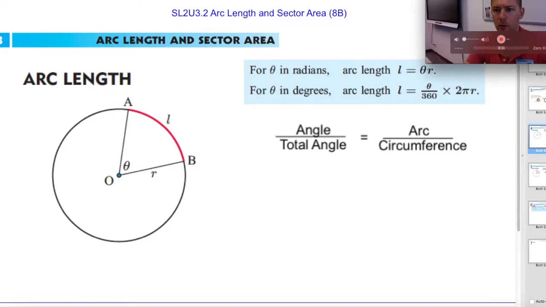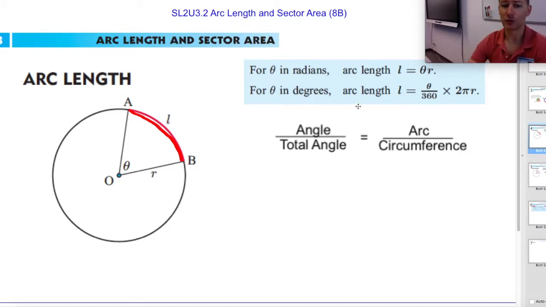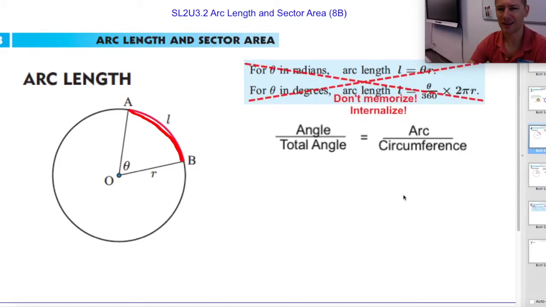All right, so we want to be able to calculate these things. In calculating arc length, the arc length is the amount of crust on the pizza that you get. There are some beautiful equations that you'll always have available to you to find these. I really hope that you don't memorize these.